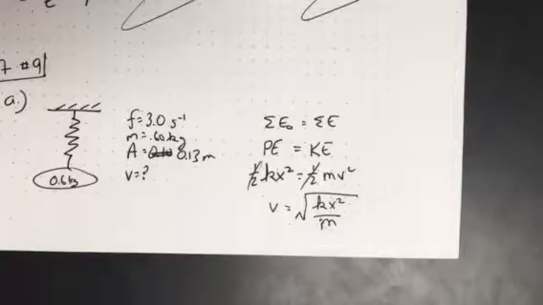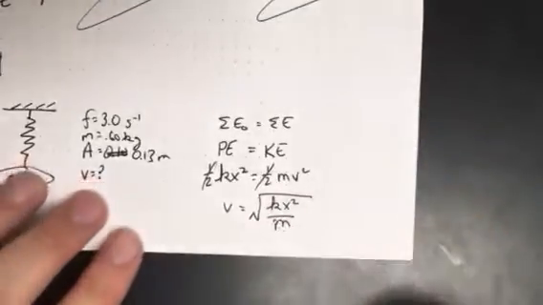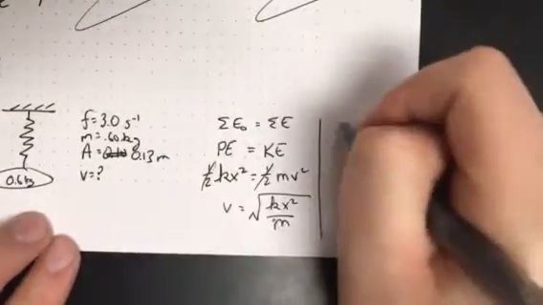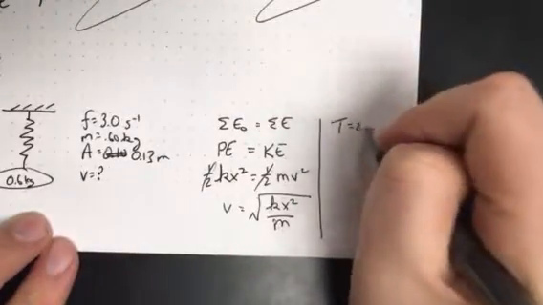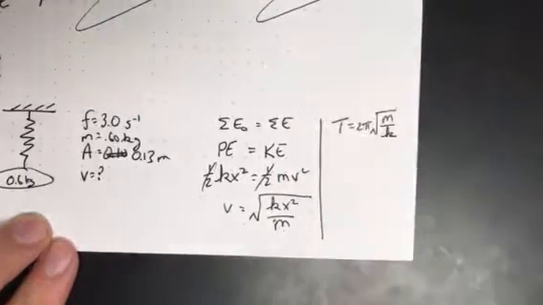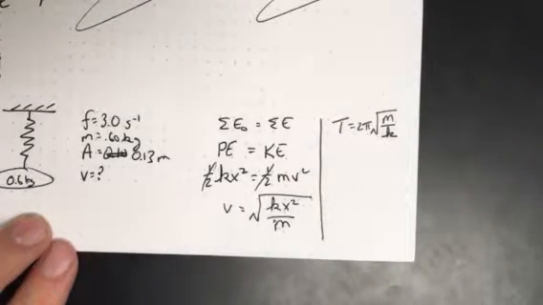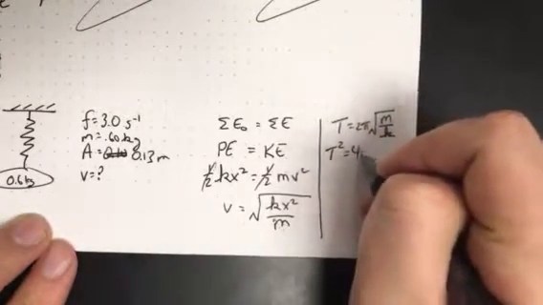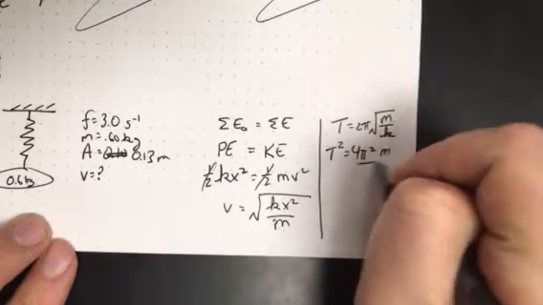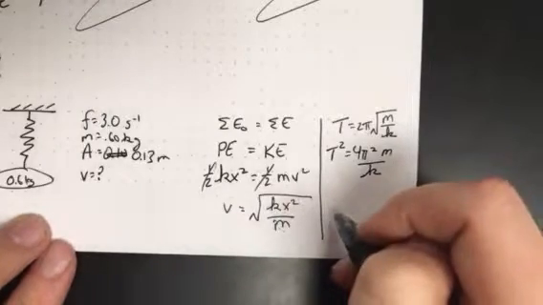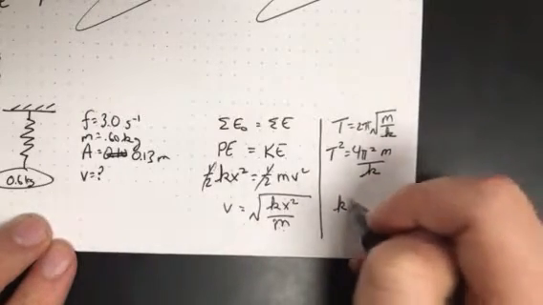Well, I guess it wasn't as easy as we thought, but we can do this. We know that the period of a spring is 2 pi square root of m over k. I can do some fancy algebra: square both sides, and then rearrange to find k.